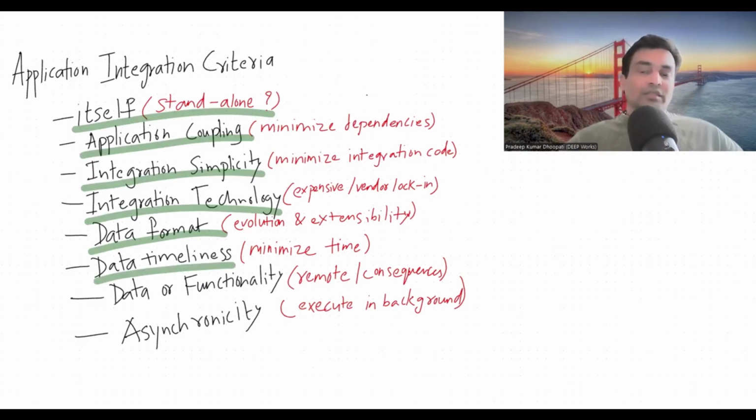Applications often tend to share data among other applications in an integrated solution. So we have to consider the length of time between one application to another application when the data is shared.